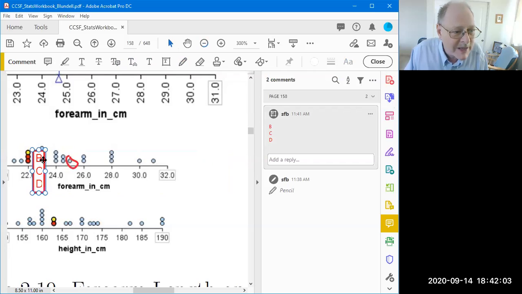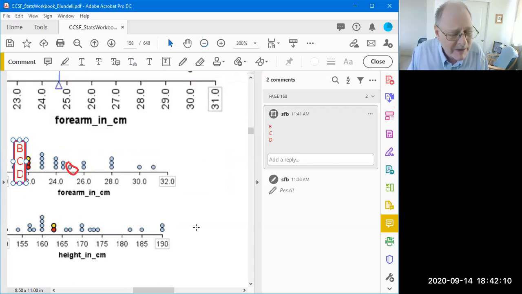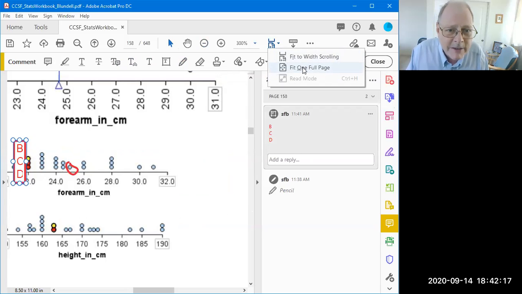Okay, so that's as small as I can make the font. There they are, points B, C, and D. And now we need to find them in the other two charts.